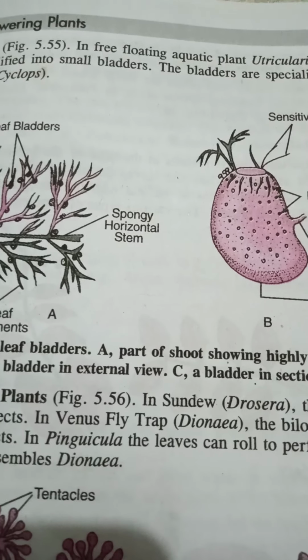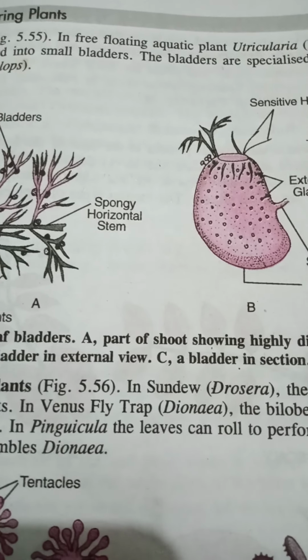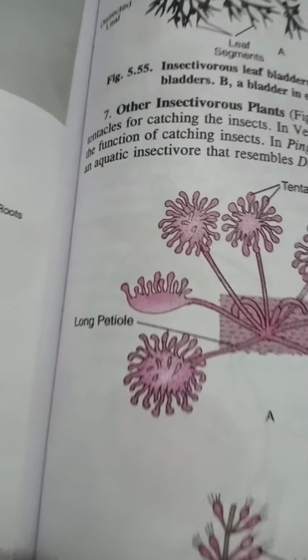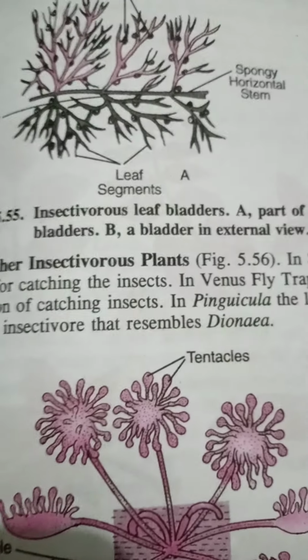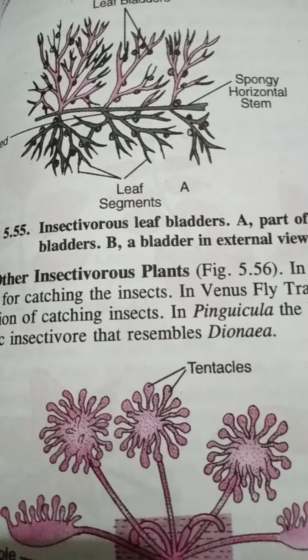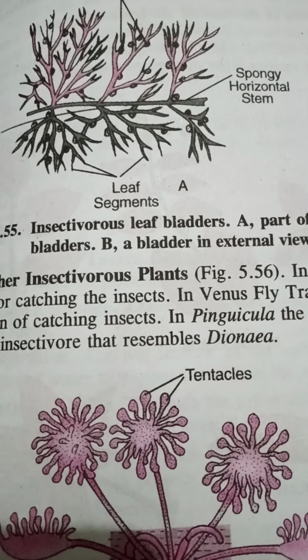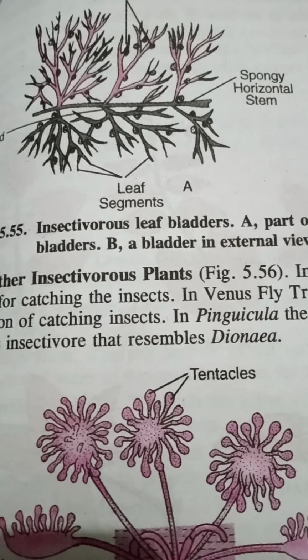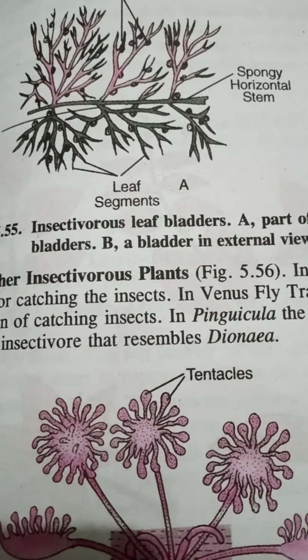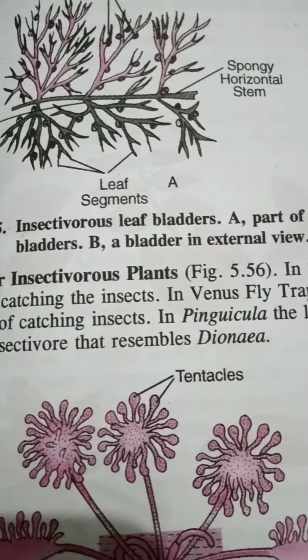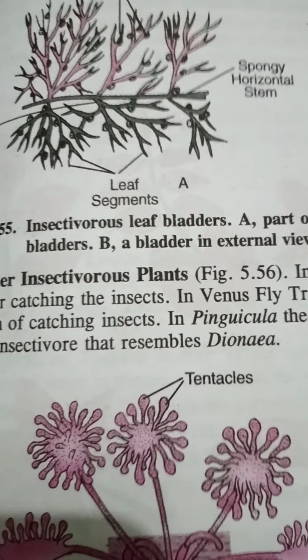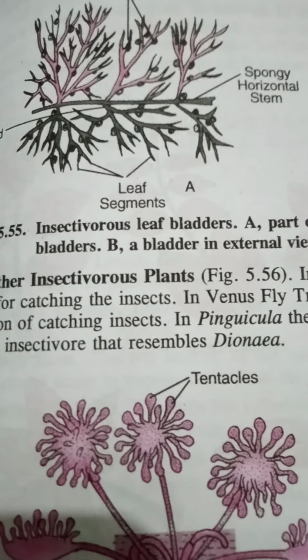Then next come the succulent leaves. The leaves which are fleshy and swollen and store water are called succulent leaves, as for example Bryophyllum. Then scale leaves are there, the whitish or brown colored leaves, which are of different types and present in different parts of the plant, but they do not take part in photosynthesis.